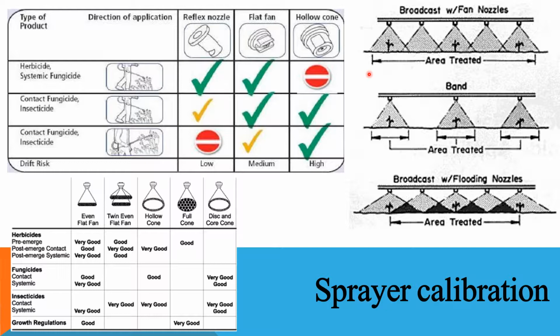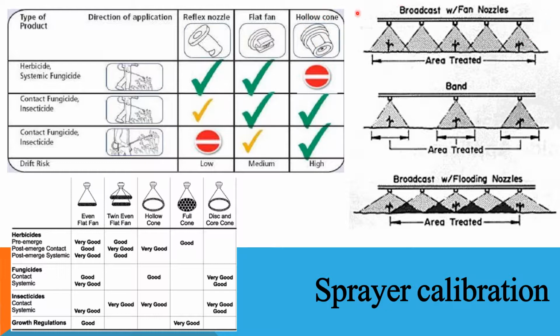So you can pause the video and look at every application: what type of product, the direction of the application here, and how you use the nozzle. Do you use the reflex nozzle, flat nozzle, or hollow nozzle?